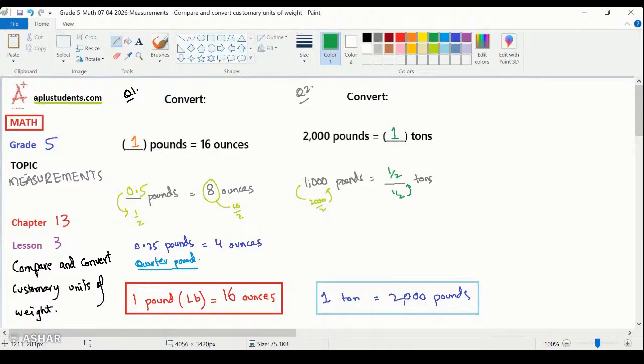We can also see a quarter of a ton. That means 0.25 tons should be equals to 2,000 divided by 4, that means 500 pounds.